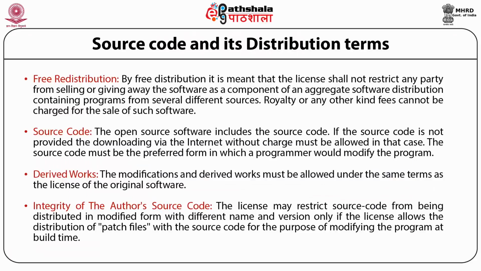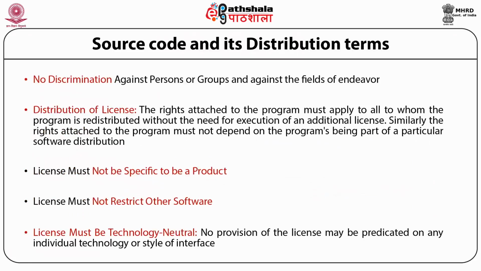And the integrity of the original source code is to be protected. That is one important thing. If open source software is shared, it should also carry the license so that the interest of the author is protected. Now, there are a lot of things about the terms, which you can read from the internet about licensing terms.